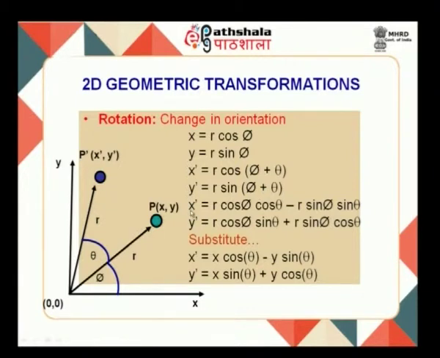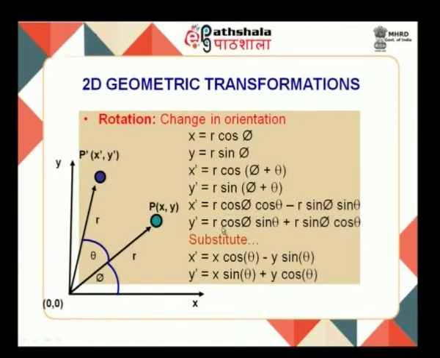If you expand cos of a plus b and similarly sin of a plus b, you get x dashed is equal to r cos phi cos theta minus r sin phi sin theta. Similarly, y dashed is equal to r cos phi sin theta plus r sin phi cos theta, because sin of a plus b is sin a cos b plus cos a sin b.